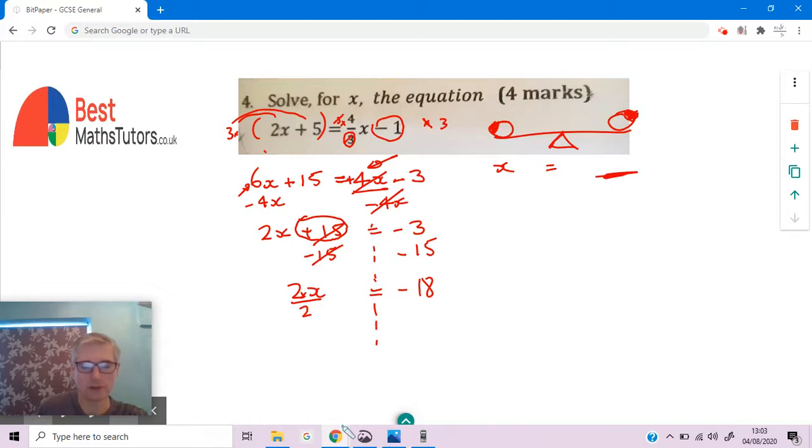If I divide it by 2 and times by 2, the 2's will cancel. But I've got to do it on this side as well. So that leaves me with just x on the left-hand side. And on the right-hand side, I've got -18 divided by 2, and that's going to give me -9.